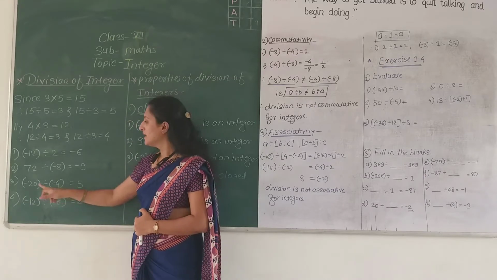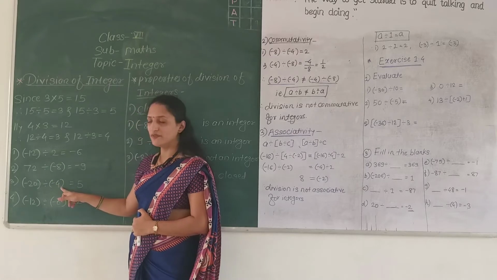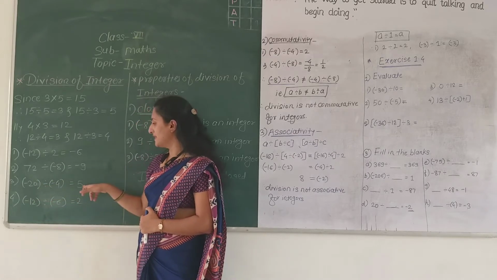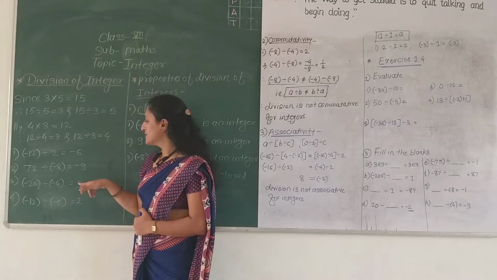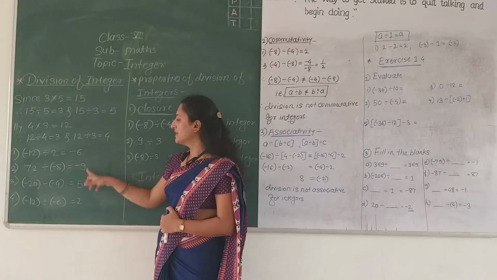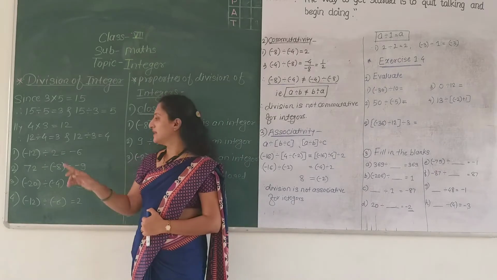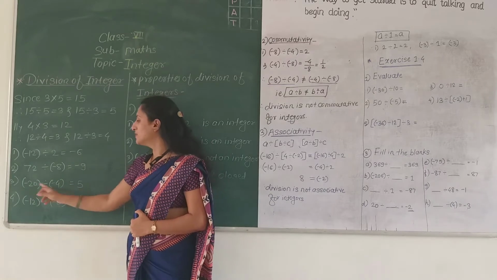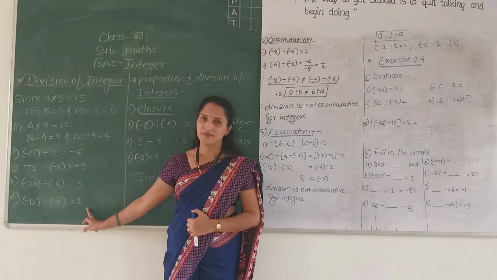Here both the integers are negative. 4 5's are 20, so the answer is 5, but both integers are negative, so the answer is positive. So remember students, when we divide two integers, if one of the integers is negative, then the answer is negative, and if both the integers are negative, then the answer is positive.